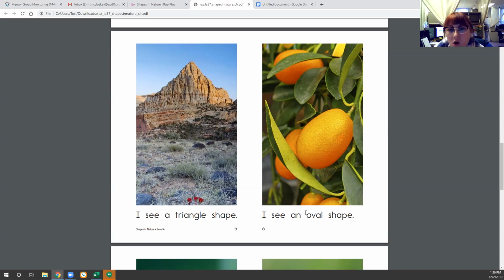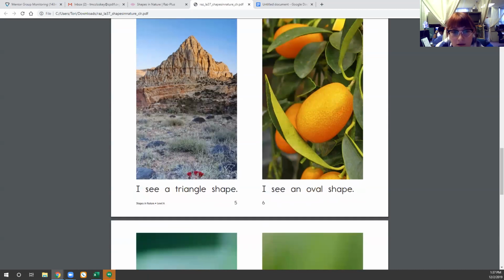And an oval is a shape that's kind of like a circle, but it's a little more stretched out. And the word oval starts with O, so that makes sense that this would be an oval. So use the clues, friends.